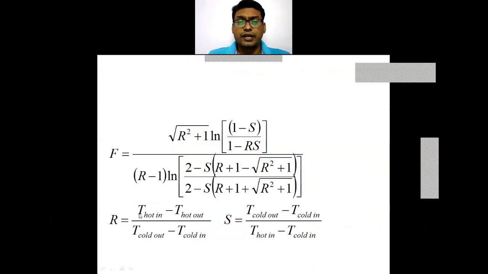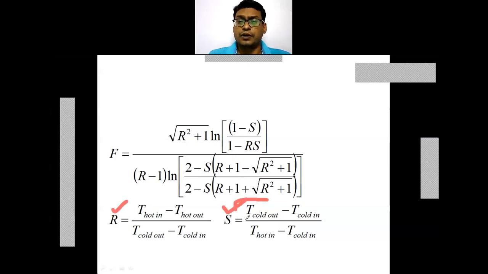Or the other way, THI minus THO upon TCO minus TCI. So, calculating the value of R and the value of S, the denominator of this factor is the same, that is TCO minus TCI.